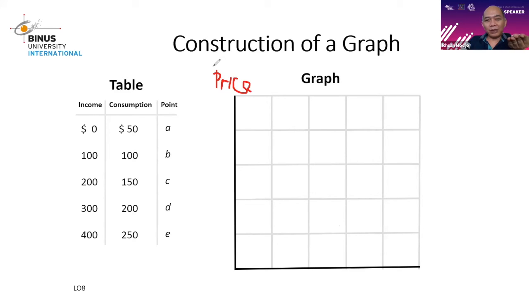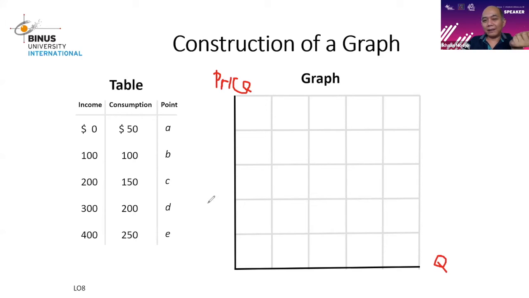So anything which has price in it is gonna be on the vertical axis. And quantity usually goes on the horizontal. It can be the relationship between price and quantity, or price with something else. Yeah, and quantity usually on the horizontal axis.